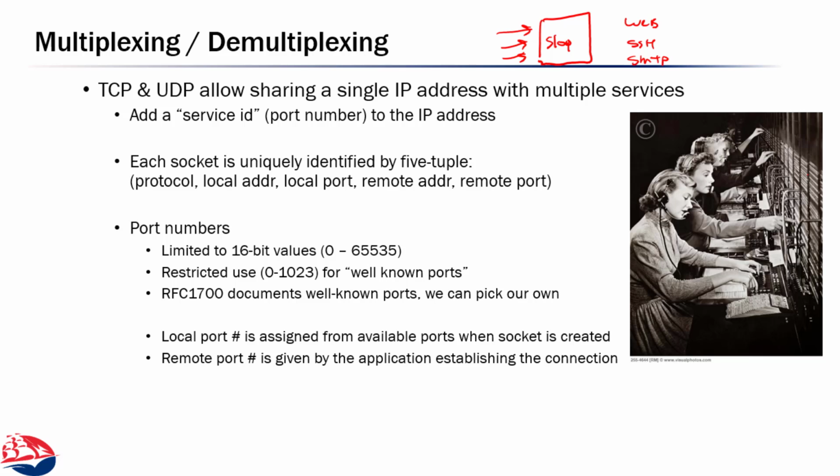How does Sloop know when an incoming connection is meant for the web server or the SSH server or the SMTP server? It uses a port number that is stored in the header of the protocol. The web is typically either 80 or 443. SSH is 22, SMTP is 25.